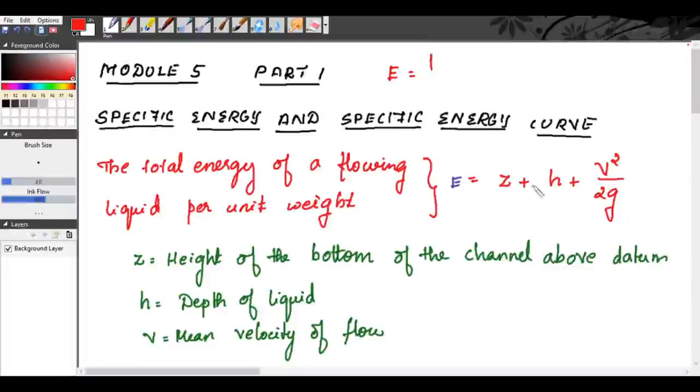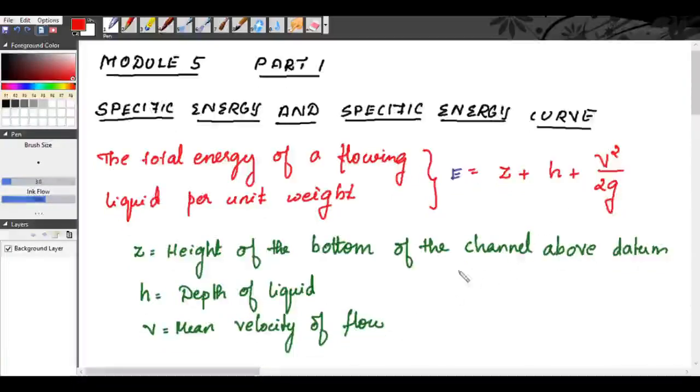Z means datum head, H is nothing but P by rho G, which is the potential energy head, and V square by 2G is the kinetic energy head. Z is the height of the bottom of the channel above the datum. H is the depth of liquid and V is the mean velocity of flow.